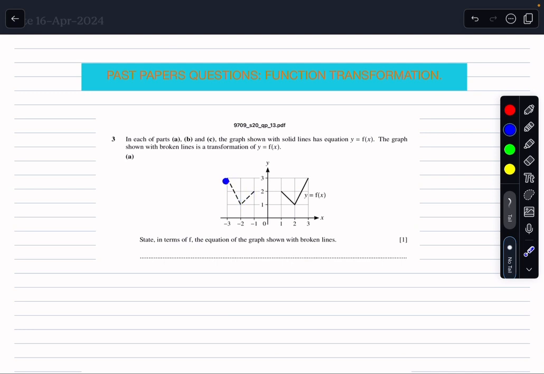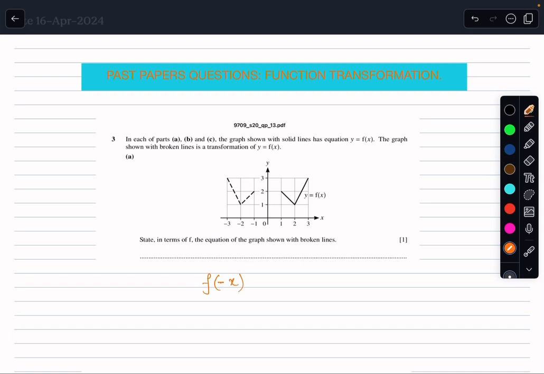And it's the same graph which has been reflected. So I can say that this is the transformation that should be represented as f of minus x.